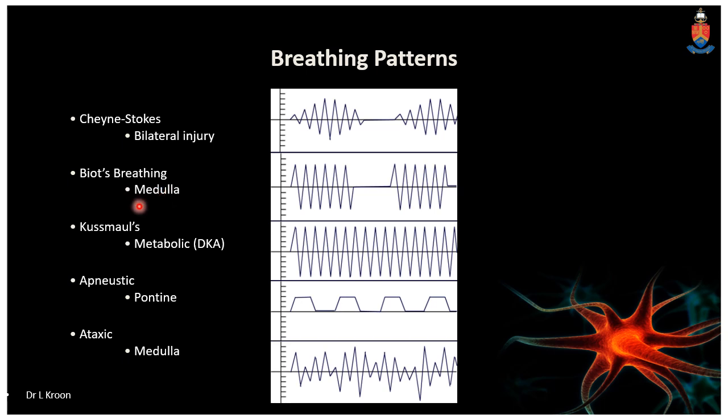Kussmaul breathing, which is essentially just rapid breathing in a patient with coma, may indicate a metabolic injury, particularly diabetic ketoacidosis. Apneustic breathing, which is essentially a long breath followed by a long pause, and then a long breath followed again by another long pause, typically indicates a pontine lesion.